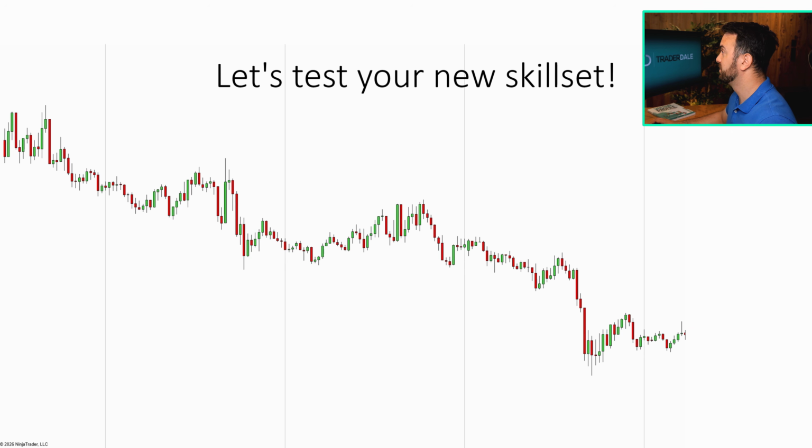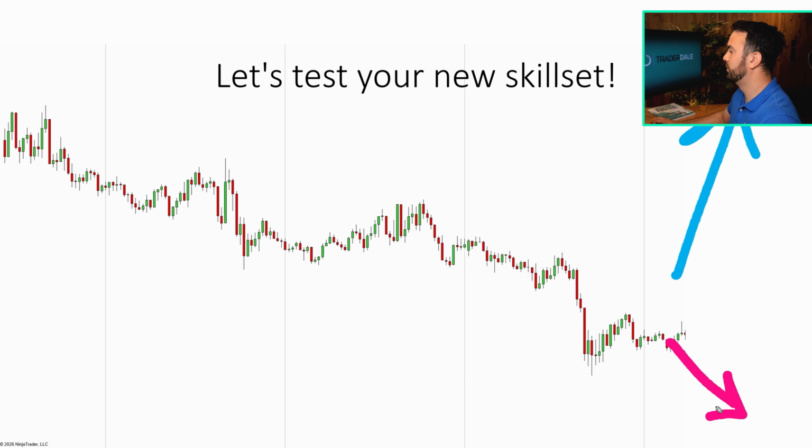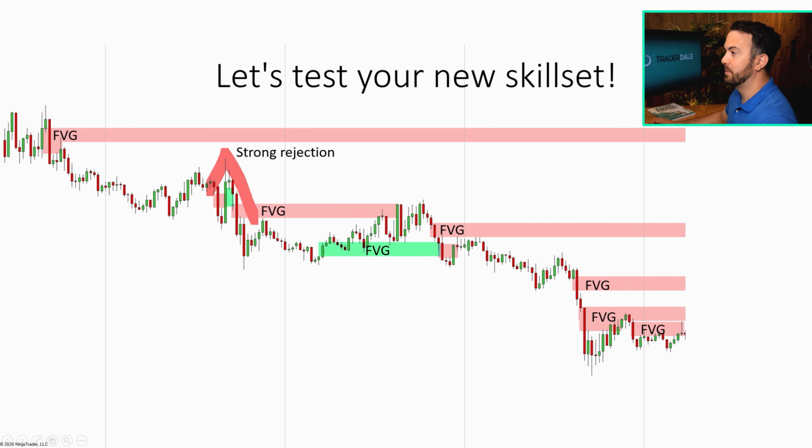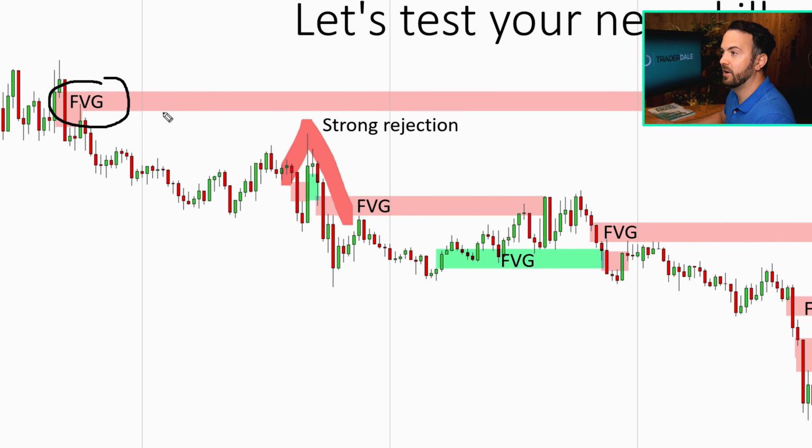Now, one more question. And the question is the same. Will the price go up or will the price go down? Again, I made a little drawing for you to compare the strength of buyers and sellers, starting with a bearish fair value gap, which is a sign of sellers. Then there is that strong rejection, which is a sign of sellers. Fair value gap, sign of sellers.